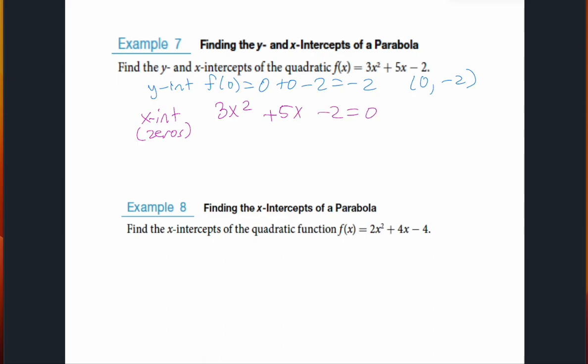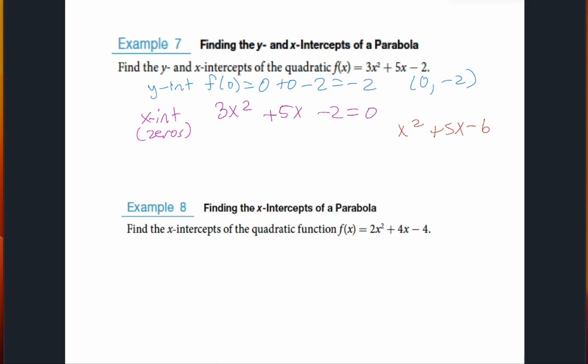equal to 0. Now, if it's a factorable quantity, which this one is, then we can factor it. So I'm always going to try to factor if it's possible. And I'm going to use a technique called slide and divide. So let's talk about how we slide and divide. We're going to take this 3, slide it over, and multiply by what's there. So I'm going to pretend like it was x squared plus 5x minus 6.